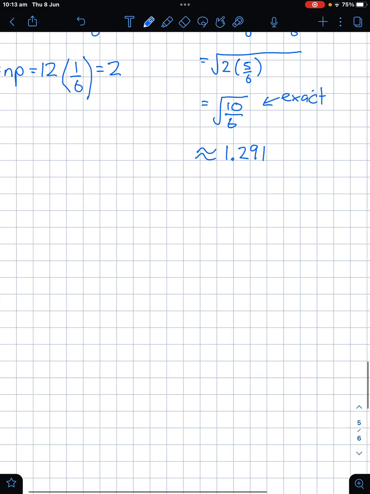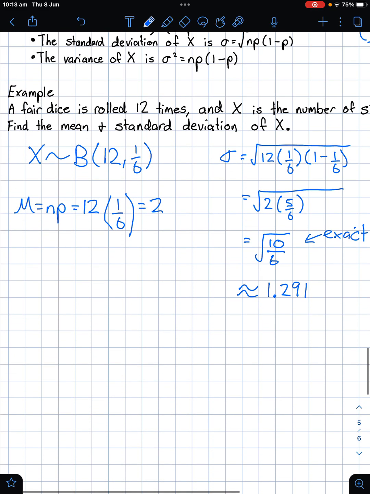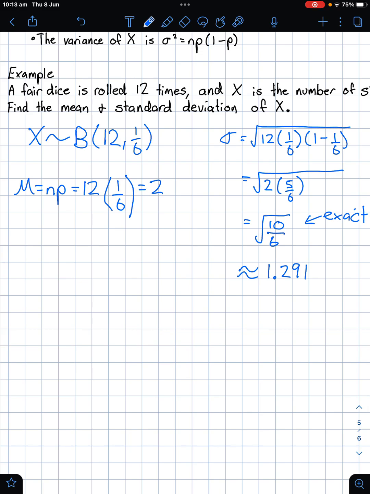Just so you've got the definition of this, I'm typing this into my calculator in stats mode. There were 12 trials, and the probability is 1 divided by 6.